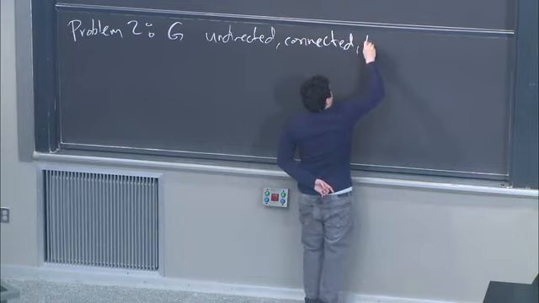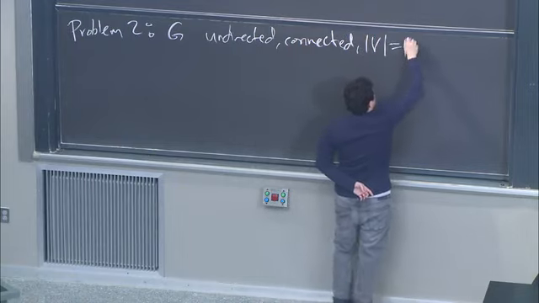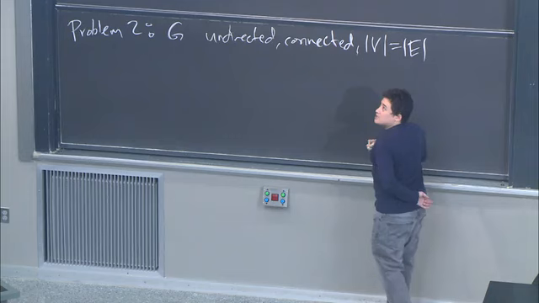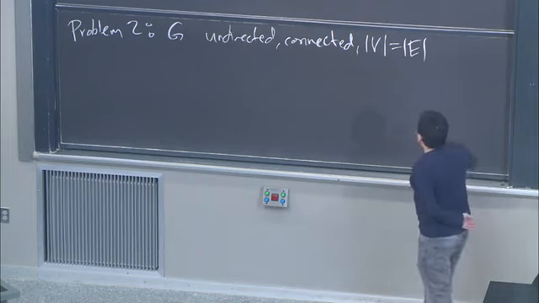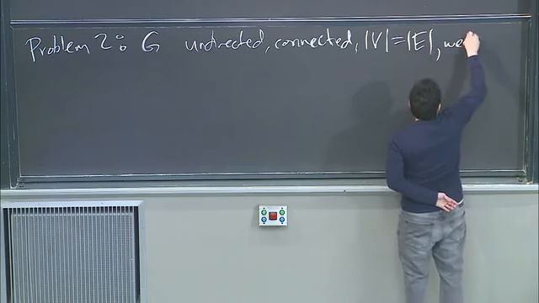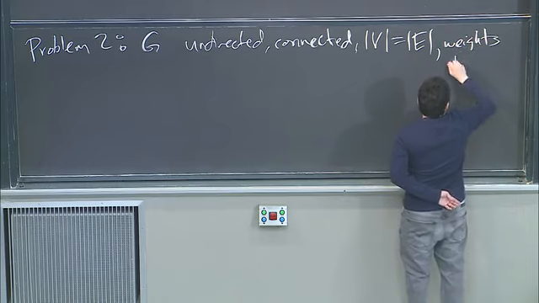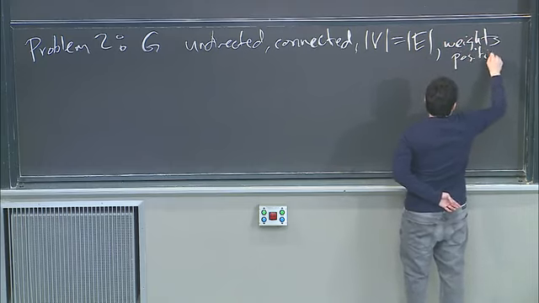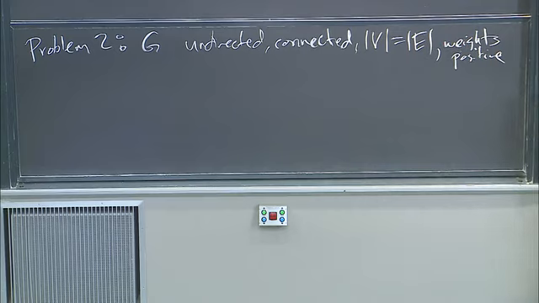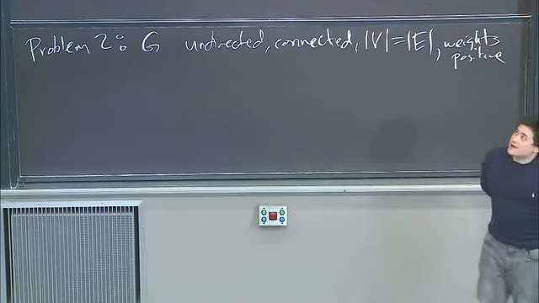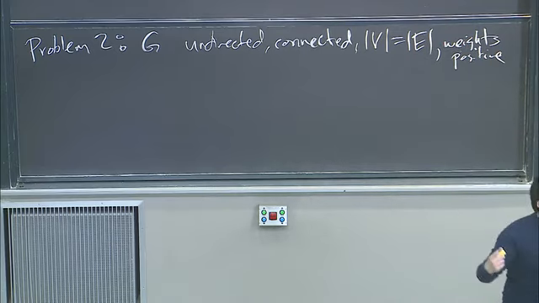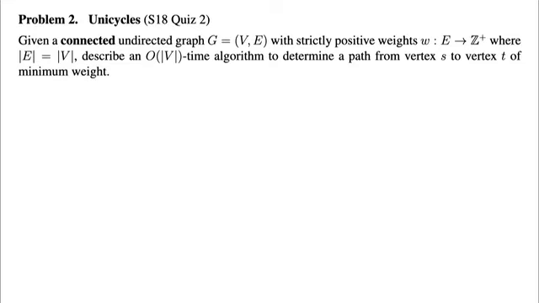It has this weird property that V equals E, or E equals V, and weights are positive. Okay, and we're asking for a single pair shortest path, right? We want a path, a shortest path, between two vertices.